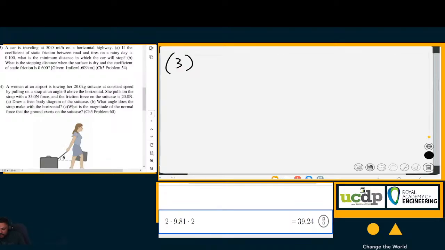Well, the formulas. First of all, let's look at the formulas. V final. So we need a formula that includes initial acceleration, initial velocity, final velocity, the distance, and what do they want? That's all.